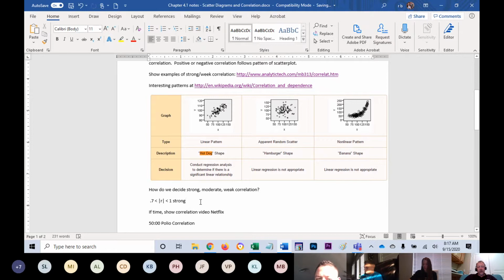So this would be what we would be calling a strong correlation. If it's between 0.3 and 0.7, we'll call that moderate.